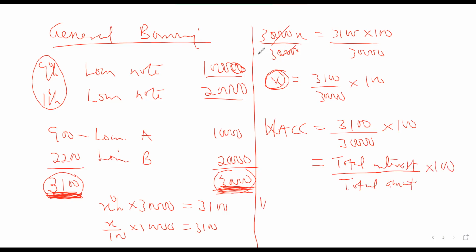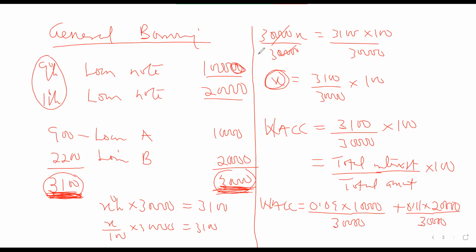Some people can also calculate this like this. They can calculate 0.09 times 10,000, all over 30,000, plus 0.11 times 20,000, all over 30,000.